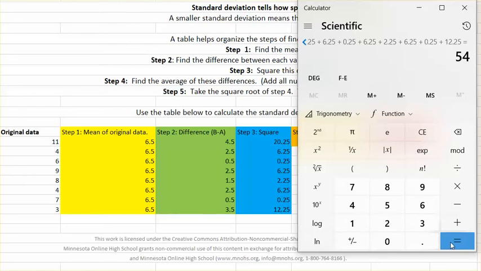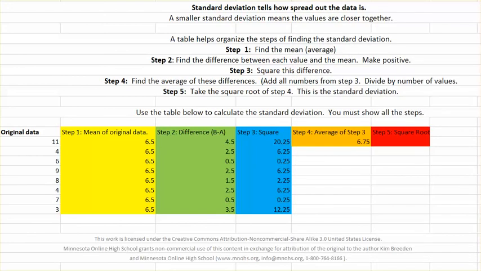I'm going to divide that by the number of values. Remember, I had 8 values. So 6.75 goes in step 4. That value is actually called the variance. Then to find the actual standard deviation, we take the square root of step 4.